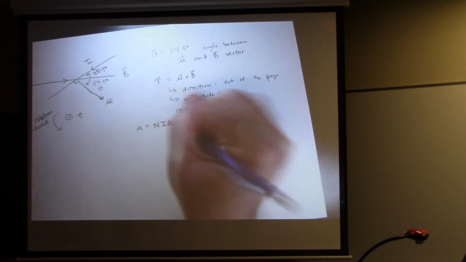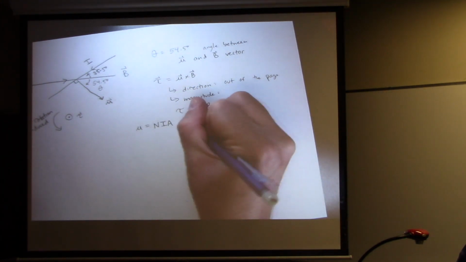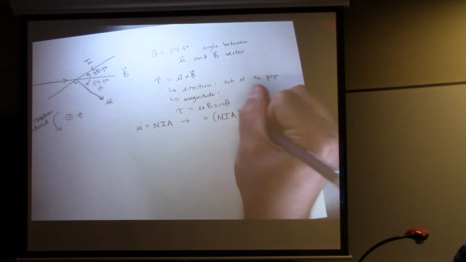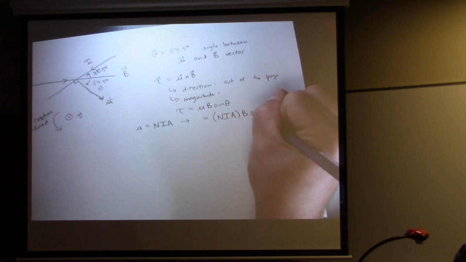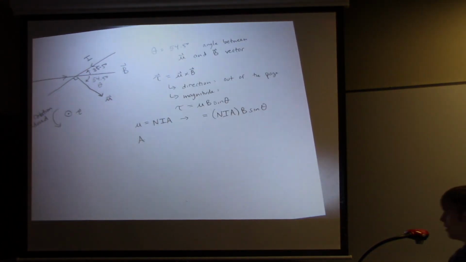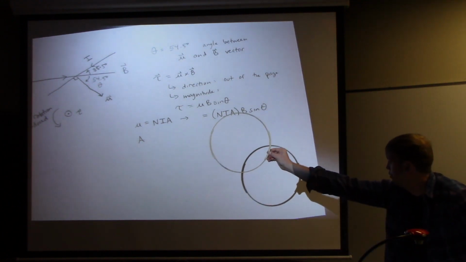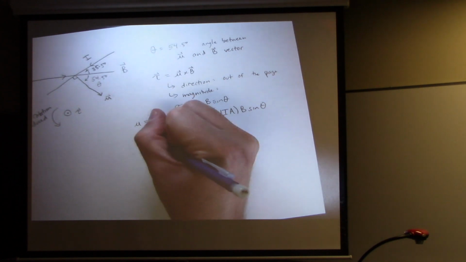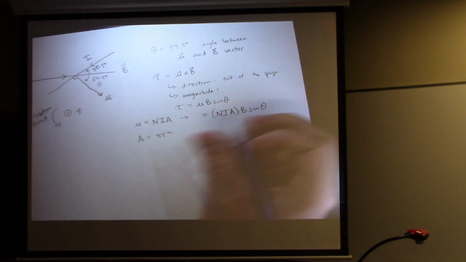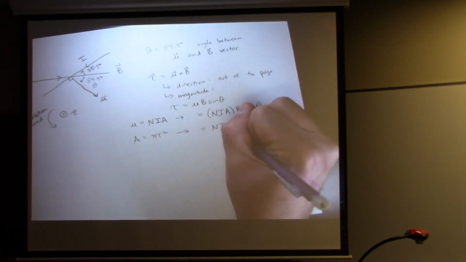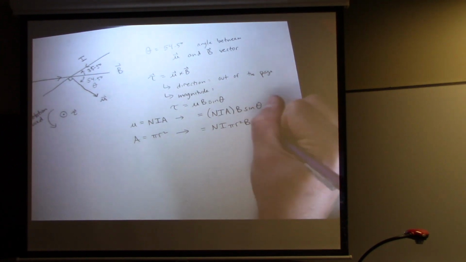This is just a shorthand way of saying N times I times A. So let's plug that in right here: NIAB sine theta. Now, the area, again, we're talking about a circular loop, just like this. The area of that circle is pi r squared. Plug that in. So we have N times I, pi r squared times B times sine theta.